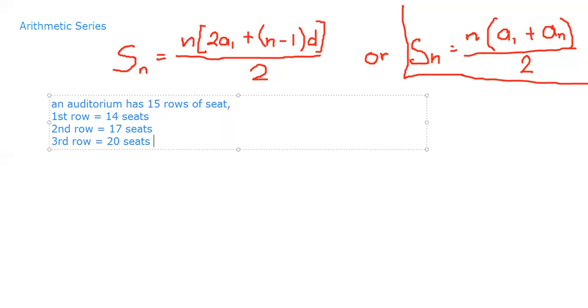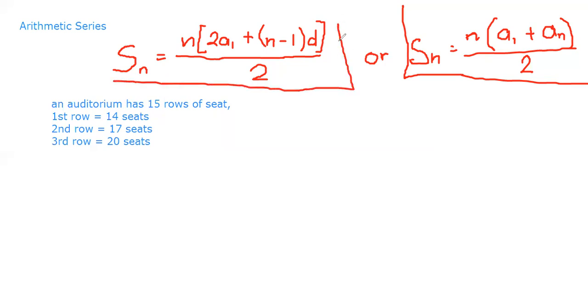So, para malaman natin yan, anong gagamitin natin na formula? Hindi naman natin alam what is the last term, diba? Hindi naman natin nakita what is the last term. So, balik tayo kay formula number 1 natin. Okay? So, ang tanong dito, what is the question?